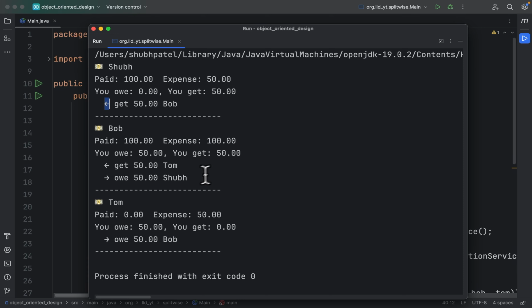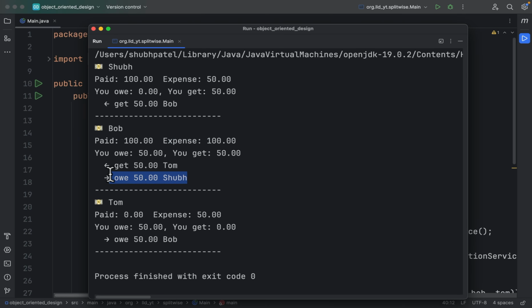Okay. Similarly, on day two, Bob paid $100 for the lunch, and the actual expense of Bob was $50 on day two. On day one it was also $50. So the actual expense of Bob is $100 till now since the group was created.